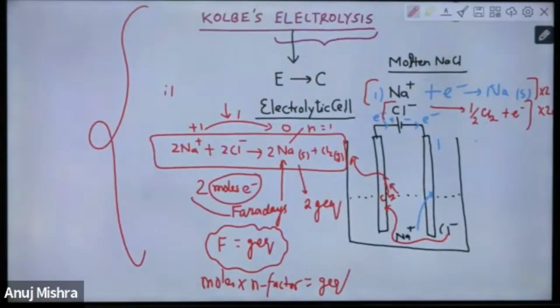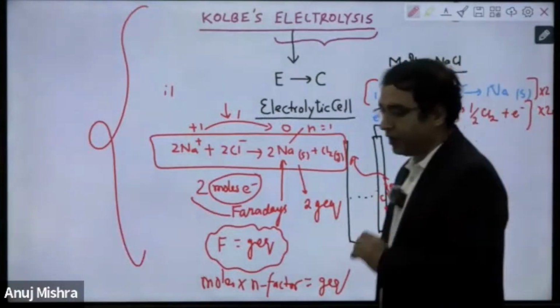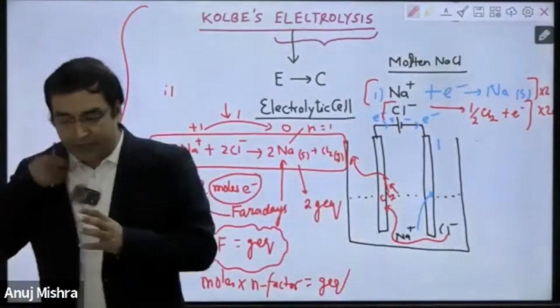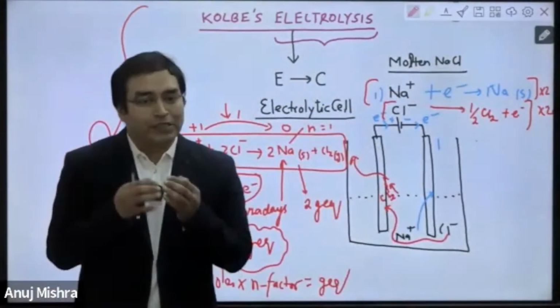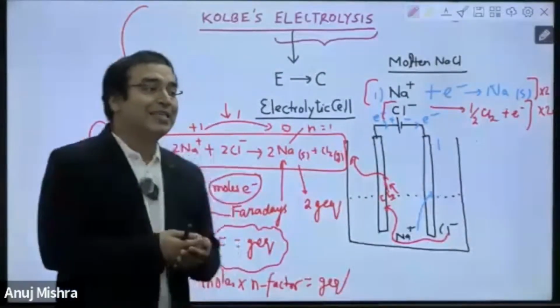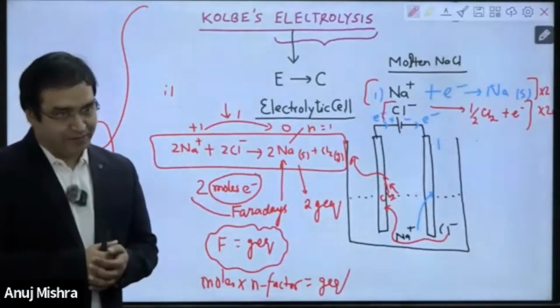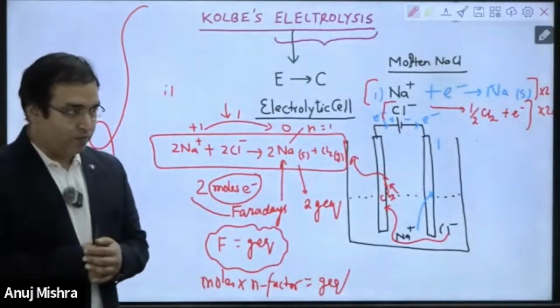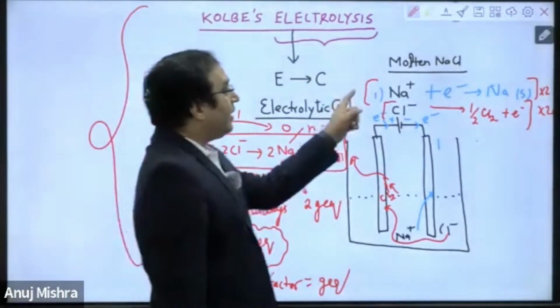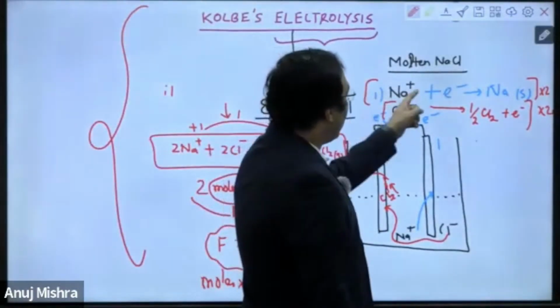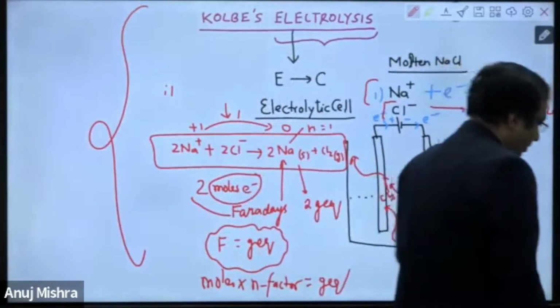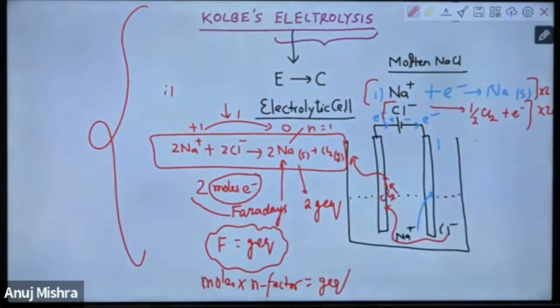Now coming to your question, our discussion is on Kolbe's electrolysis. So Kolbe as a scientist is doing some reactions on certain compounds, and he is getting certain alkanes, alkenes, and alkynes. We have to see how. How many of you can tell me, on number 1 rod, the reaction which is happening is oxidation or reduction?